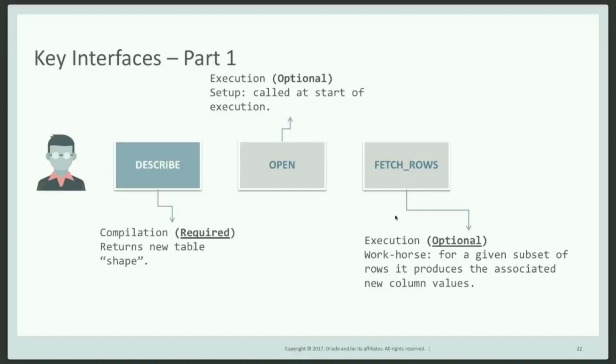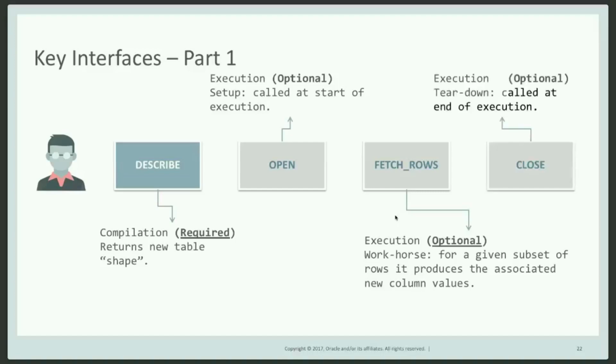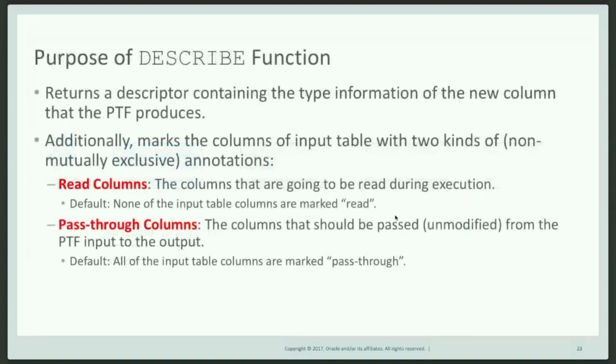You're going to be generating the new columns and the new rows, etc., for your output. And then finally, we have to clean up. So we have the close element, which is going to go through and, as it says, tear down all of the processing space that we've consumed, tidy everything up, and effectively leave the environment as it was when we first started processing the table function.